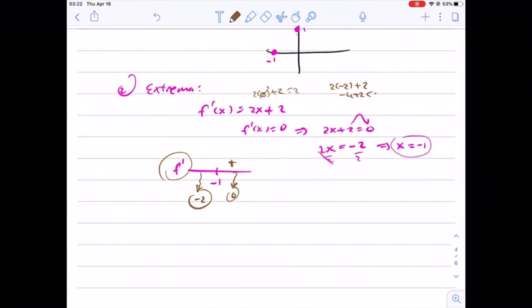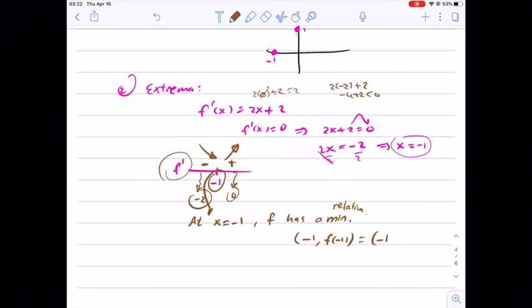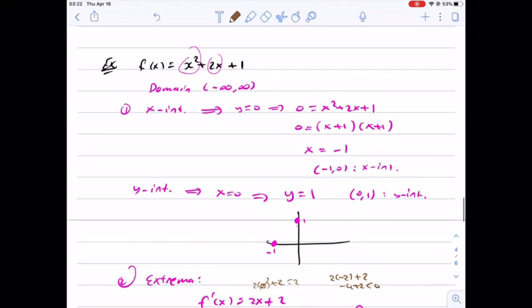Let's substitute -2: 2 times -2 plus 2, -4 plus 2 is less than 0. So the function is decreasing here and increasing here. That means at x equals -1, f has a minimum point, a relative minimum.